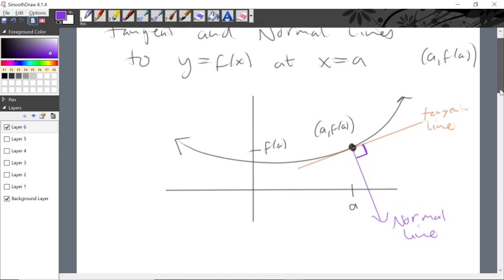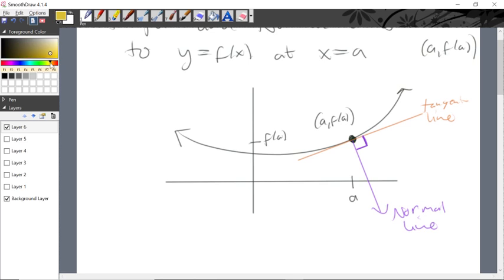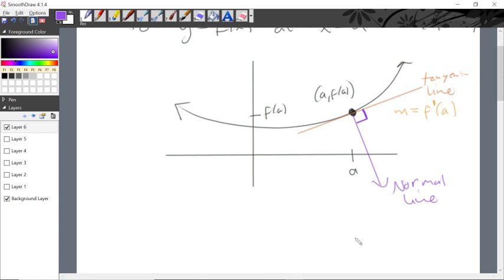so at a 90-degree angle. Okay, so let's recall algebraically how to relate the slopes of lines that are perpendicular. Okay, the tangent line has a slope that is going to equal f prime of a. All right, the normal line, given that it is perpendicular, would therefore have a slope that is the negative reciprocal of the slope of the tangent line.